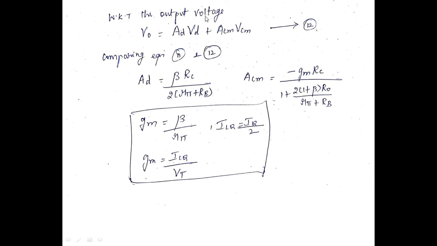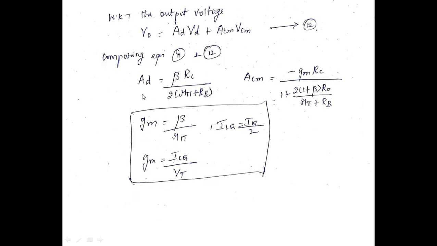If I compare equation 11 and 12, in place of AD I got beta RC divided by 2 into R pi plus RB. In place of ACM, I got minus GM RC divided by 1 plus 2 into 1 plus beta R naught divided by R pi plus RB.